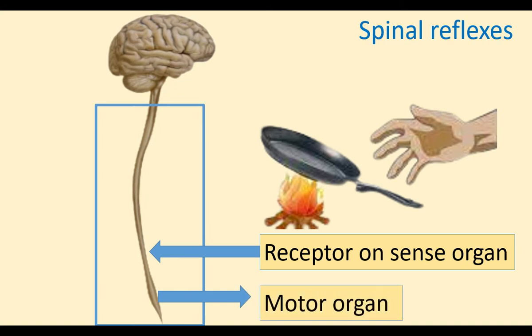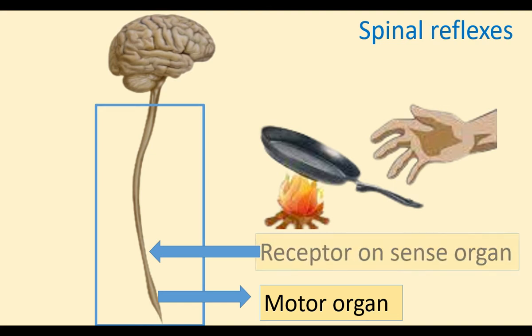Motor organs are effector organs. A muscle is an effector organ. The muscle works, so we move the hand. This takes place before the information reaches the brain. Before the information reaches the brain, the spinal cord creates a response. So the response is a quick response.